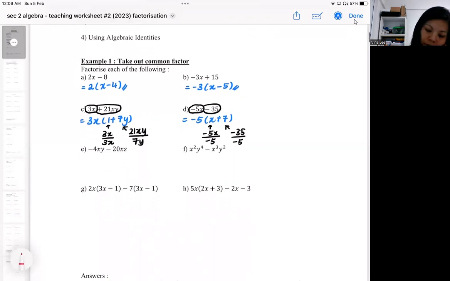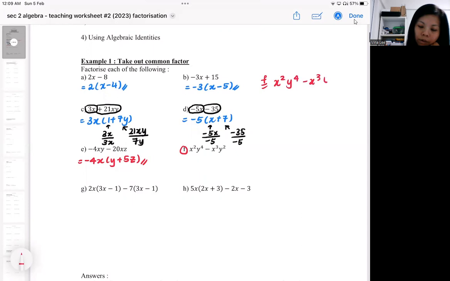This one, the common factor will be minus 4x. Usually this is the one that a lot of people will have an issue with. If you have an issue with this, you may want to do this, but don't show.